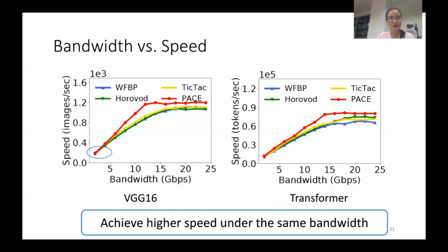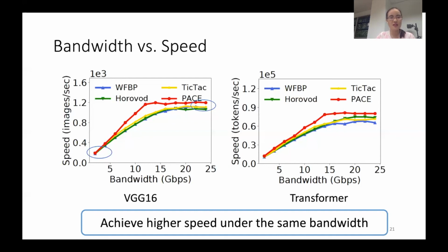So there is not much percentage for us to make improvement. But when the bandwidth is large enough, the communication is no longer a bottleneck. So there is not much room for us to improve either. For example, the communication can be finished before the backward computation is done. So the performance of different approaches is quite similar in this case.